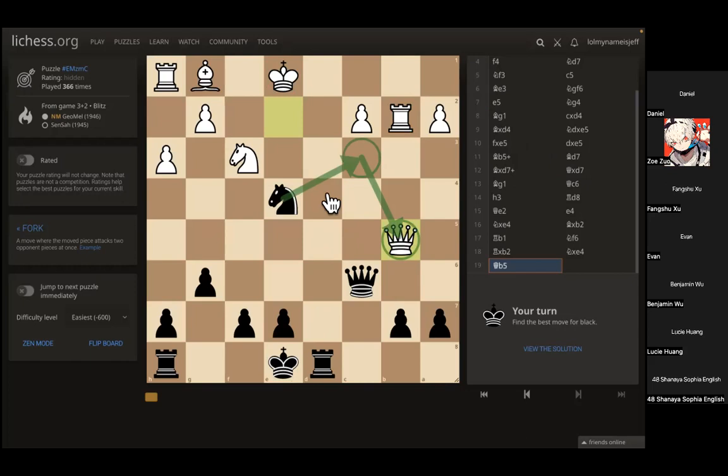So is there a way we can force another piece to a square where the knight on c3 would be attacking the piece? Rook to e3?